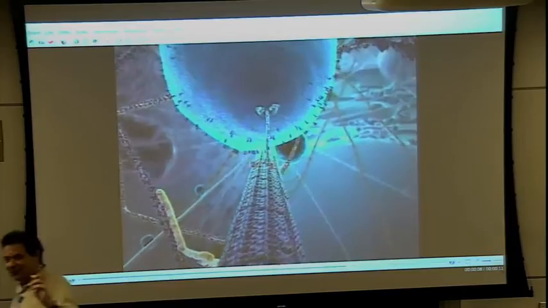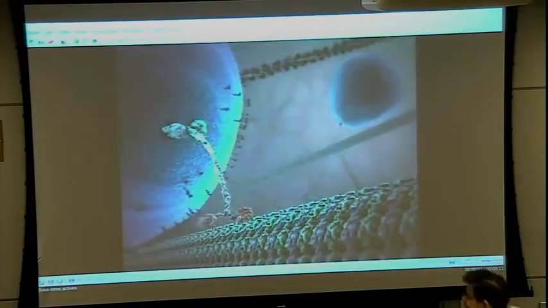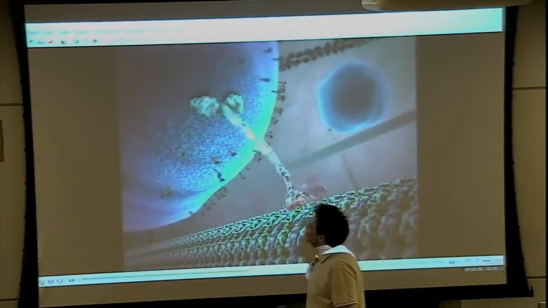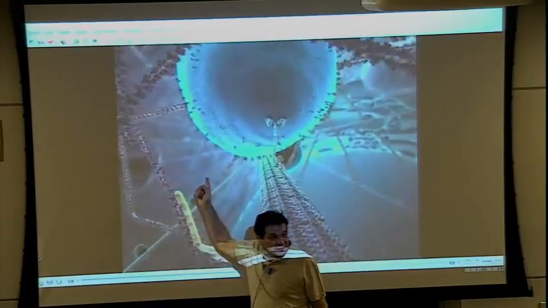If you use molecular motors, you do transport by convection and not by diffusion. And if you want to go over large length scales, this is much more efficient. So these are the two heads. They are walking on these microtubules, and it's carrying this material, which is here.